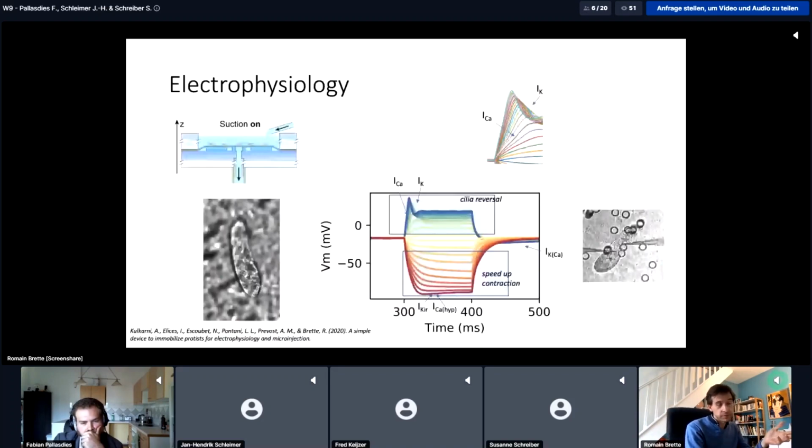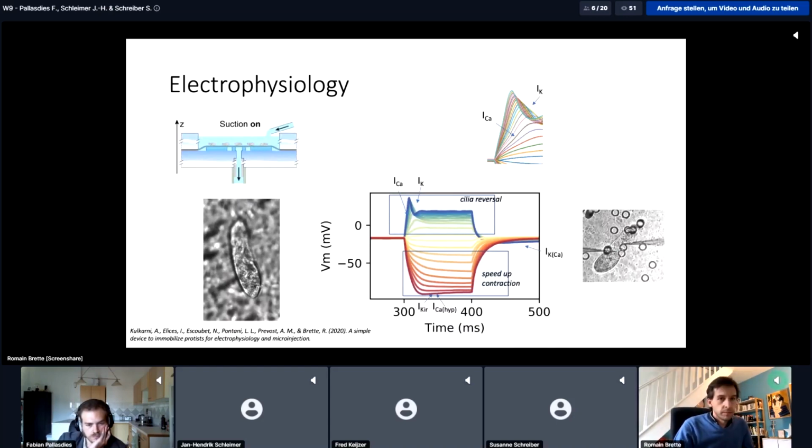This type of calcium channel actually was discovered first in Paramecium and later in neurons. So there's this calcium channel, which is located in the cilia, and then there's a classical delayed rectifier potassium channel, which is not in the cilia but in the basal membrane. And while there's calcium in the cilia, the cilia revert and beat in reverse.